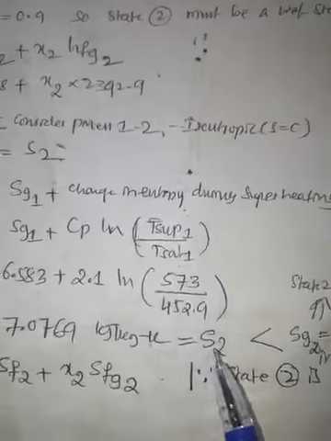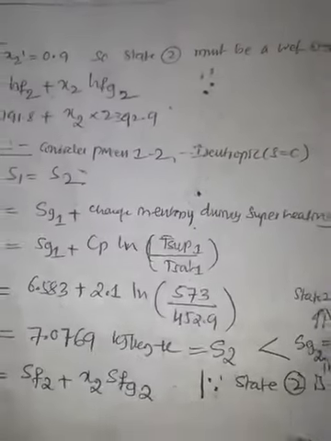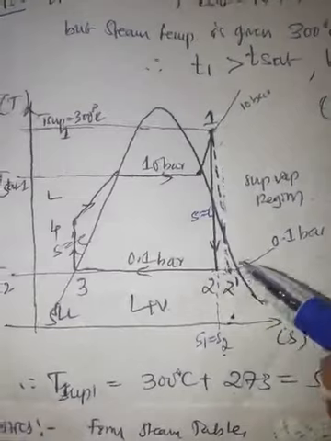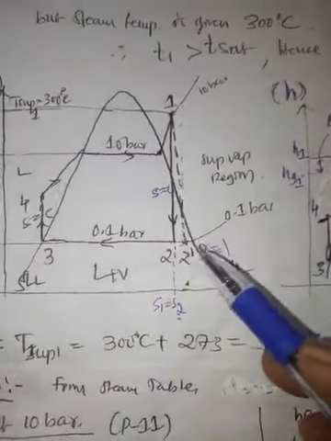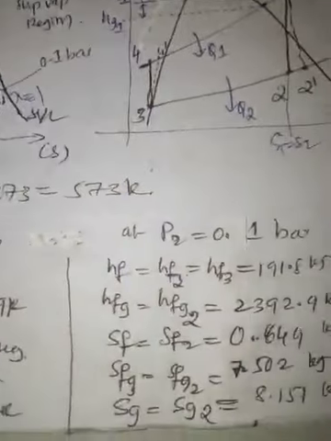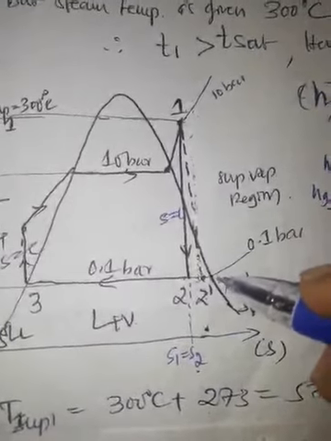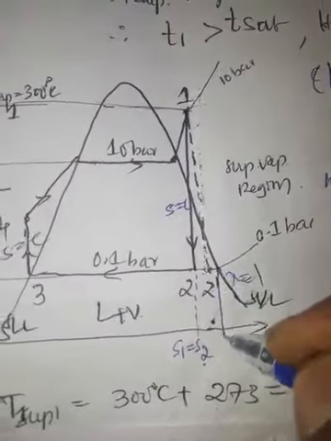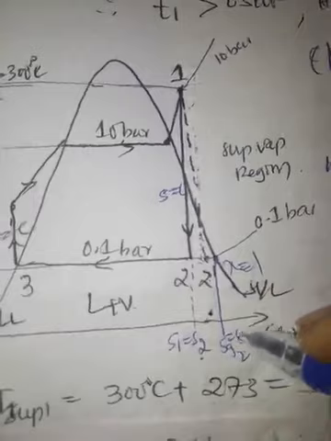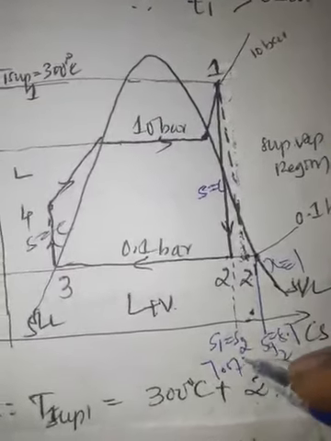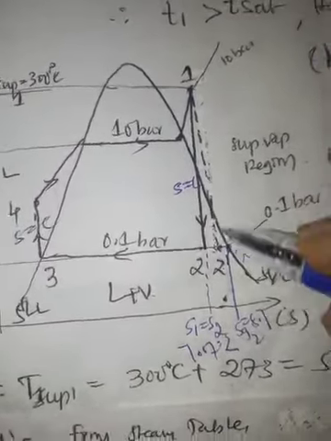Friends, please note down, S2 is 7.07. Sg2 is 8.151 kilojoule per kg, but S2 is 7.07, which is lesser than Sg2. So I am writing it mathematically here: S2 is less than Sg2, 8.151 kilojoule per kg.